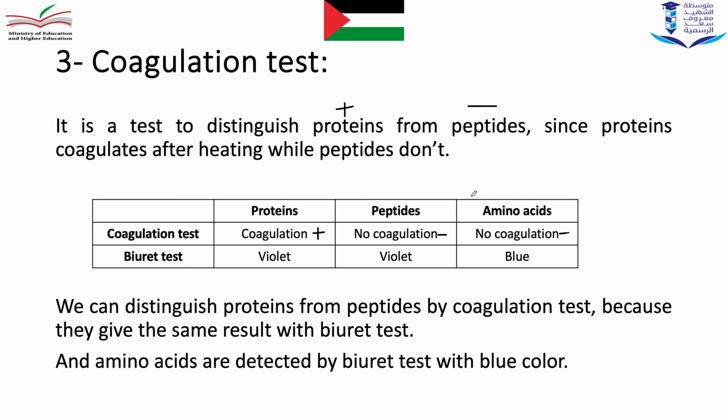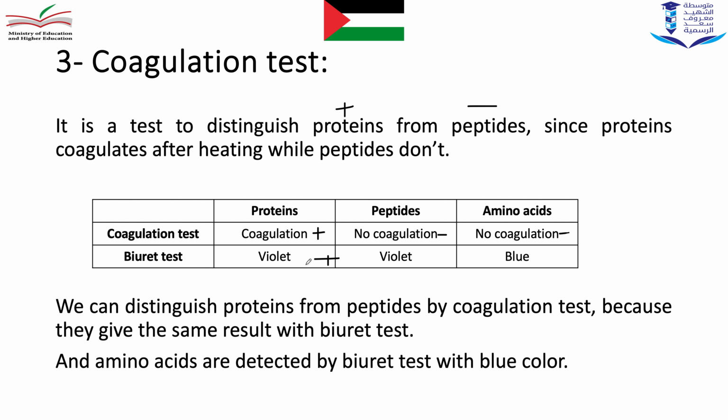So if I have three tubes, one of them contains proteins, the second one contains peptides, and the third one contains amino acids: proteins after heating give positive coagulation, peptides after heating give negative, and amino acids give negative, no coagulation even if I heat. Whereas if I do the Biuret test, proteins and peptides give what?